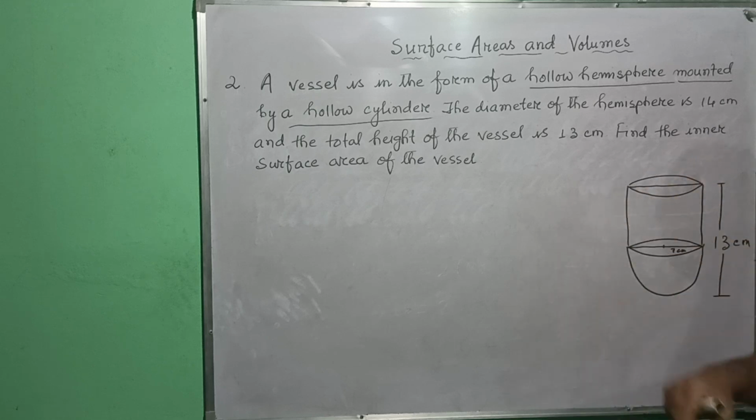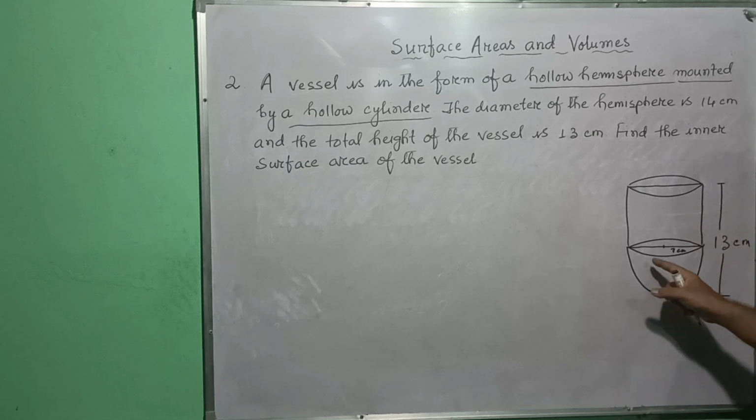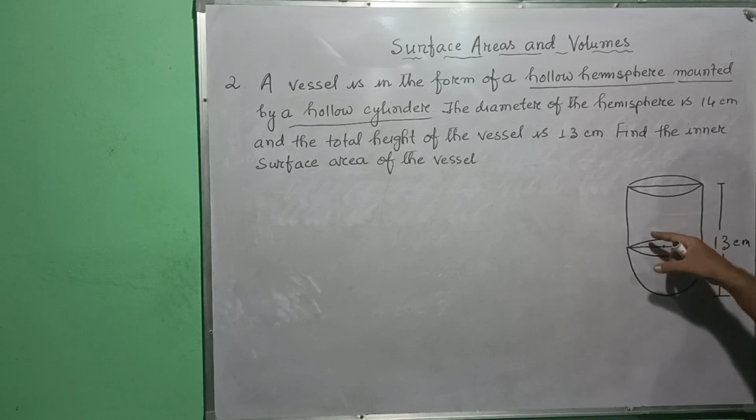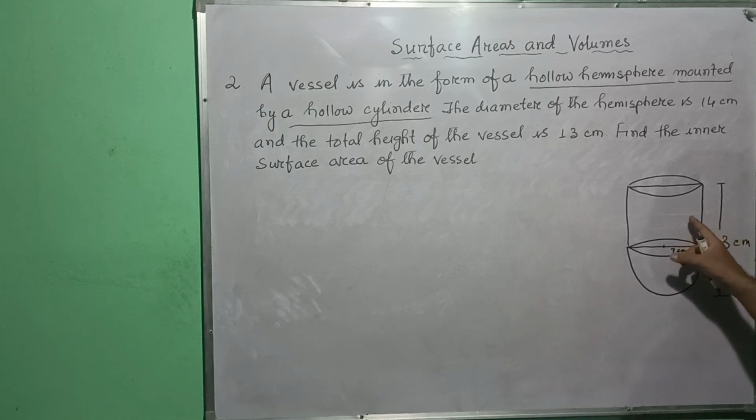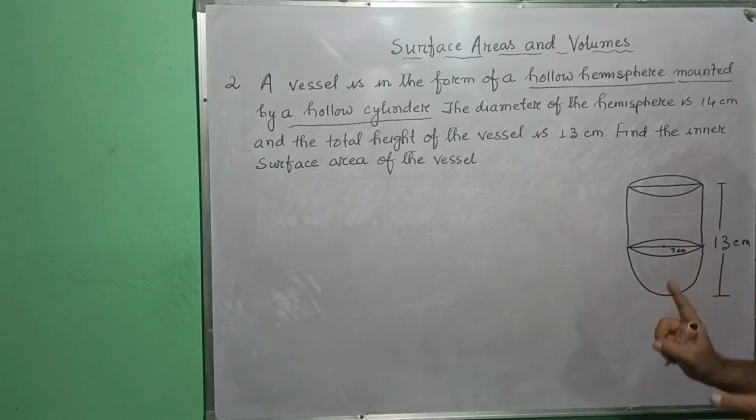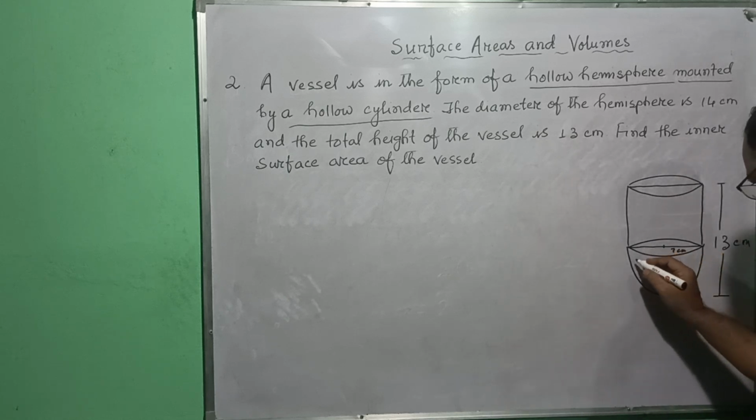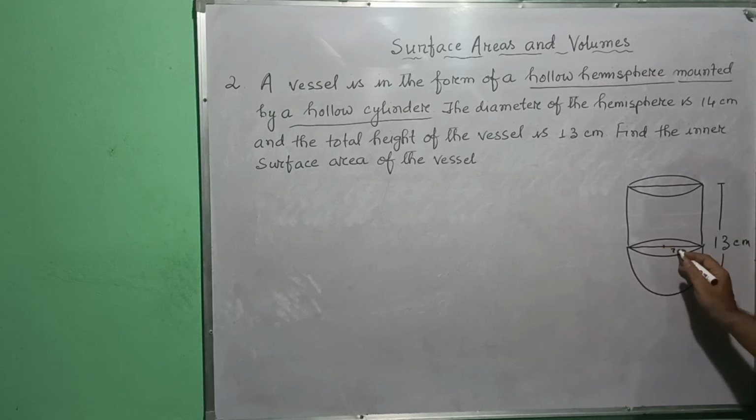Now we have to find the inner surface area. So here two combinations of figures are there. One is cylindrical and another hemispherical. Both of these surface areas are curved surface areas. So you have to find the curved surface area of the cylinder and the curved surface area of the hemisphere, and then we have to add them. For the hemisphere, the dimension is given, 7 centimeter.